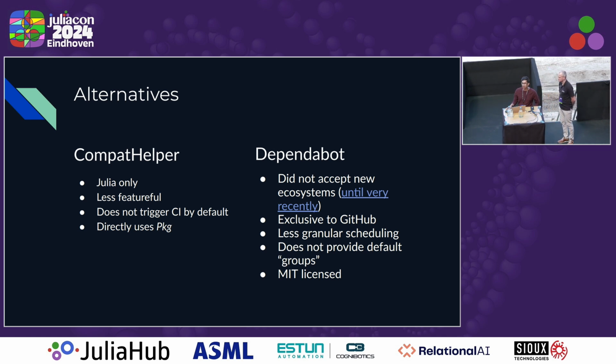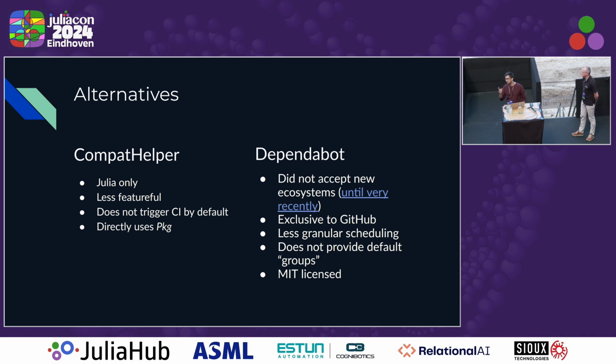And I think now we should probably just discuss how it holds up against the alternatives, which are primarily in Julia land, CompatHelper, and Dependabot. Well, not really Dependabot, right? Because until very recently, they didn't accept any new ecosystems. This is up until the last 6 months or so. Dependabot is exclusive to GitHub only. You don't have the kind of granular scheduling for when you want to trigger these updates available on that.